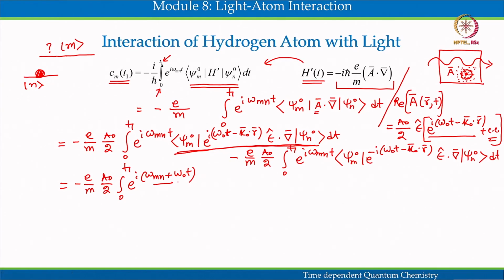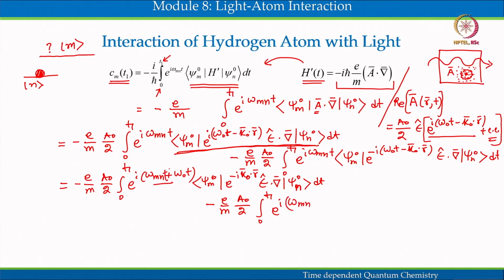So we have this one, and then the integration is going to be e to the power minus i k naught dot r, then epsilon unit vector, then this is n, dt. Then another term is going to be e by m a naught by 2, integral 0 to t1, e to the power, and I will do the same thing here, omega mn.